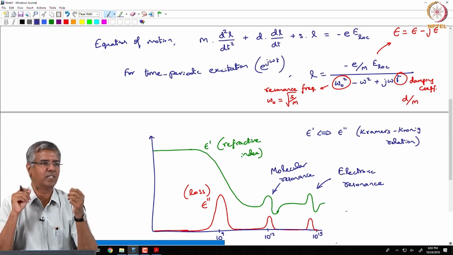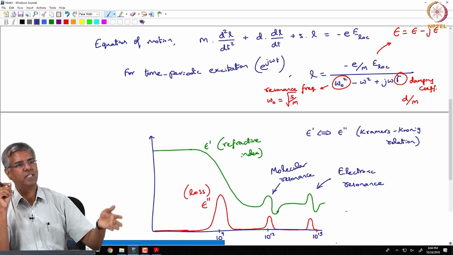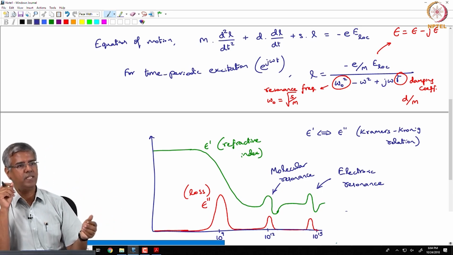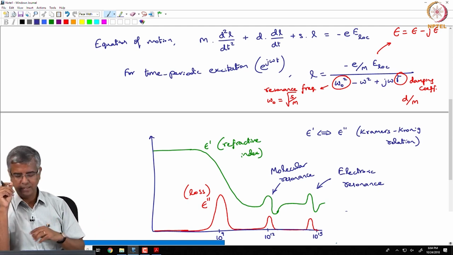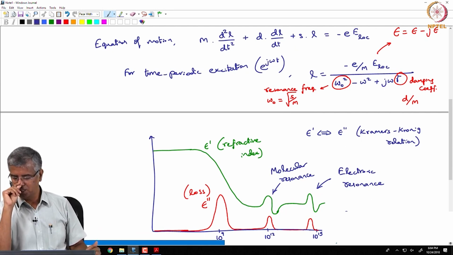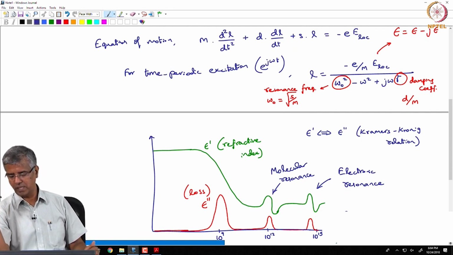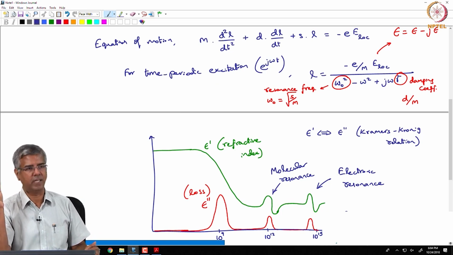Atomic mass is obviously heavier than electronic mass. So, that is why the resonance frequency, which corresponds to root of S over m, is inversely proportional to root of the mass, right. That resonance is going to be on the lower frequency side, okay. So, you have a molecular resonance and an electronic resonance happening for any material.